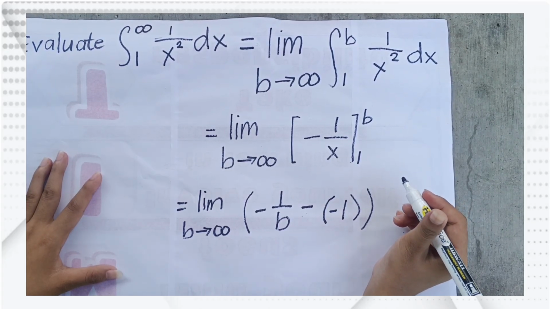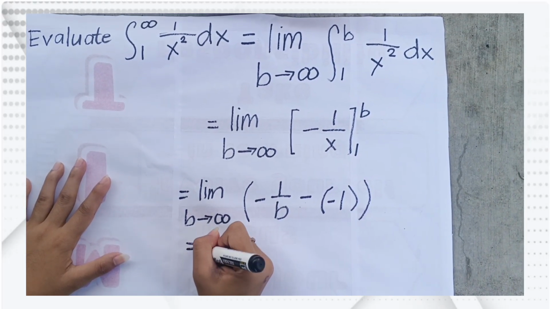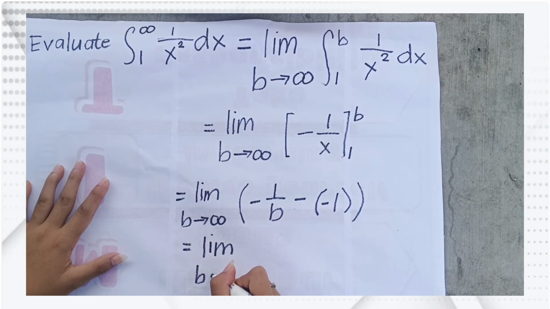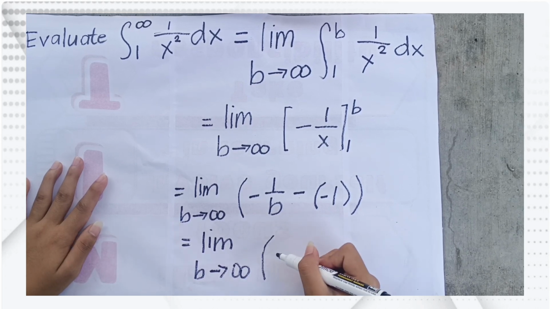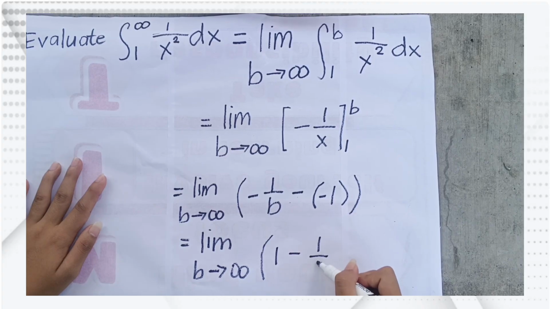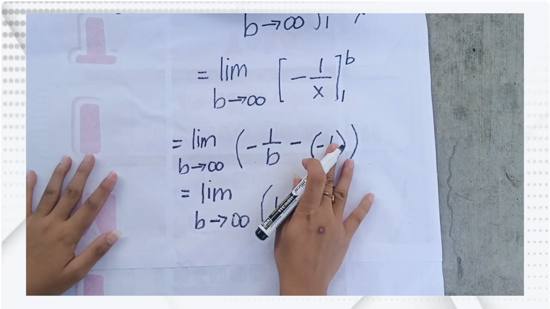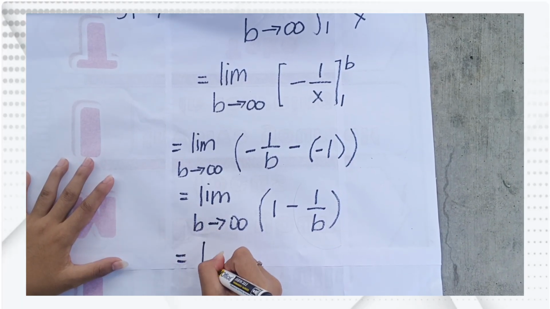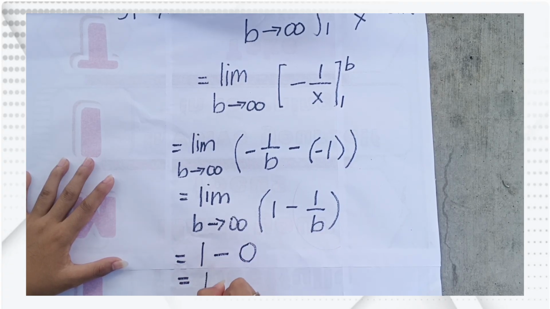Take the limit as b approaches infinity: the limit of 1 minus 1 over b is equal to 1 minus 0, which is equal to 1.